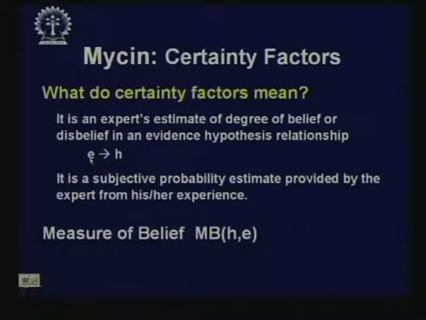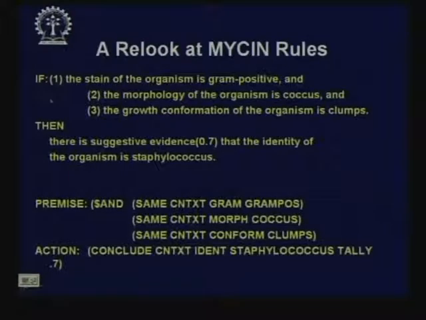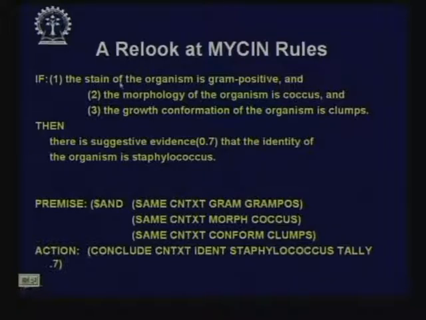Now, if we go back to the earlier rule, where did this value come from? This value actually came from the expert's knowledge and subjective estimate of the relationship between the occurrence of these symptoms, the stain of the organism being gram positive, the morphology of the organism being coccus, and the growth conformation of the organism being clumps.